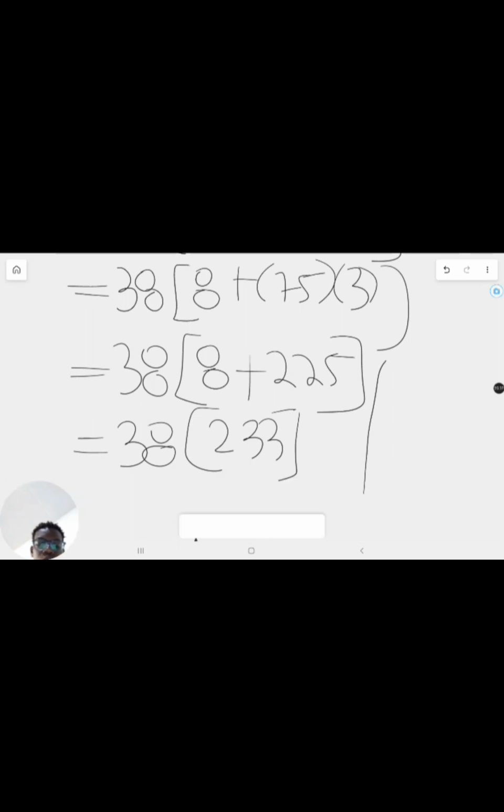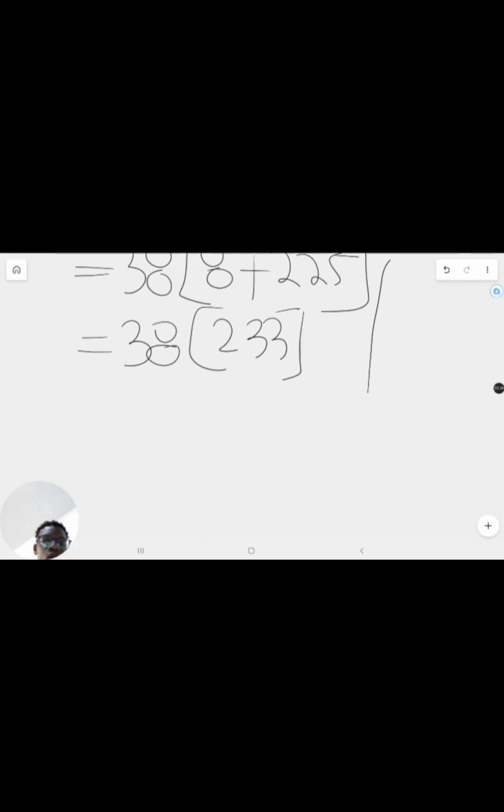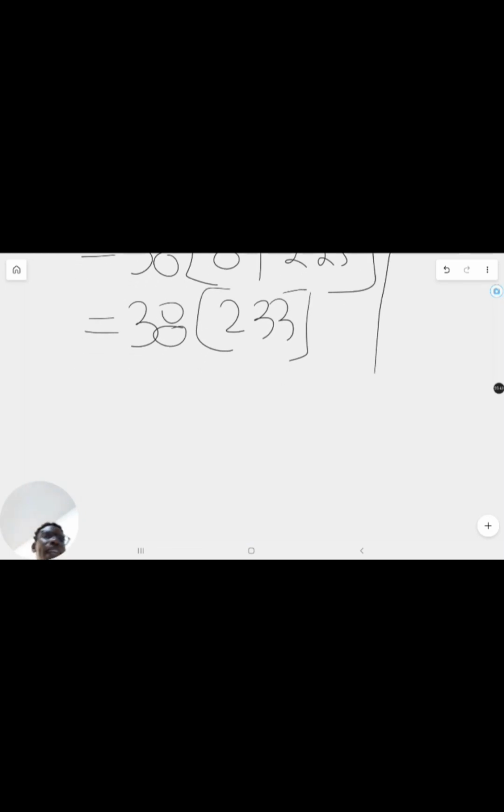And finally, let's move this up. What's 38 times 233? Let's see if I can quickly grab my phone so I can do this calculation. My calculator is far away. 38 times 233, that's 8854.